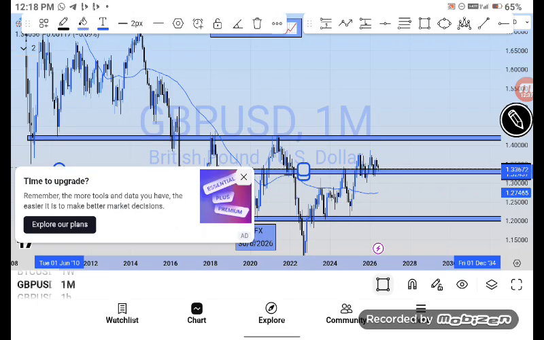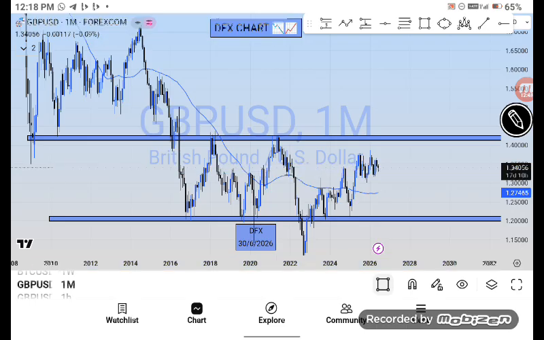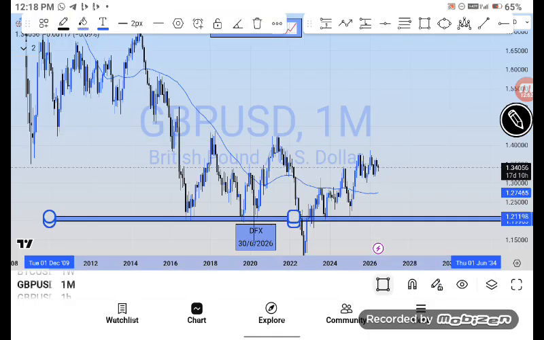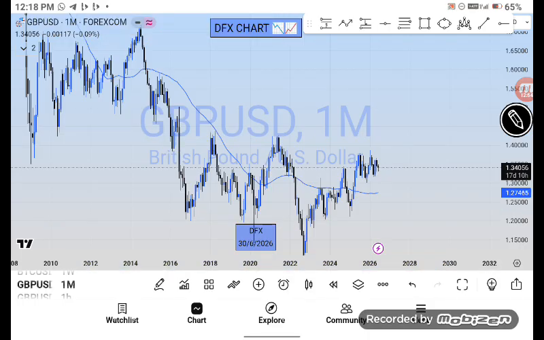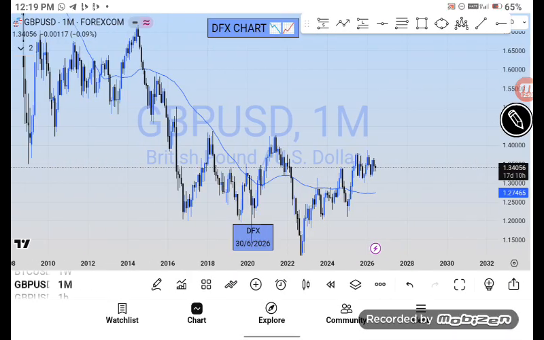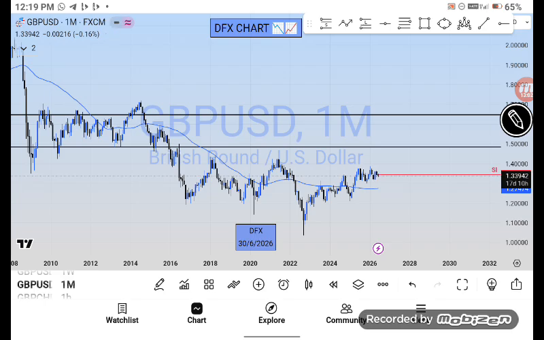Very simple. All you need to do is draw the most recent and obvious key levels. You don't need to force it. Am I making sense? That's just how to draw your key levels, your support and resistance.